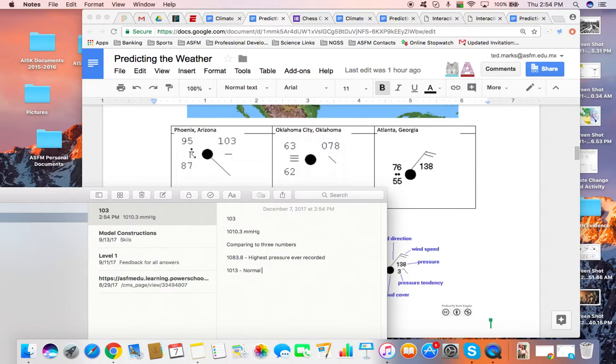This is normal pressure. And the lowest pressure ever recorded was 652. This is the lowest pressure. So when you're looking at this number here, which is the pressure for Phoenix day 1, we see that this is relatively normal pressure.